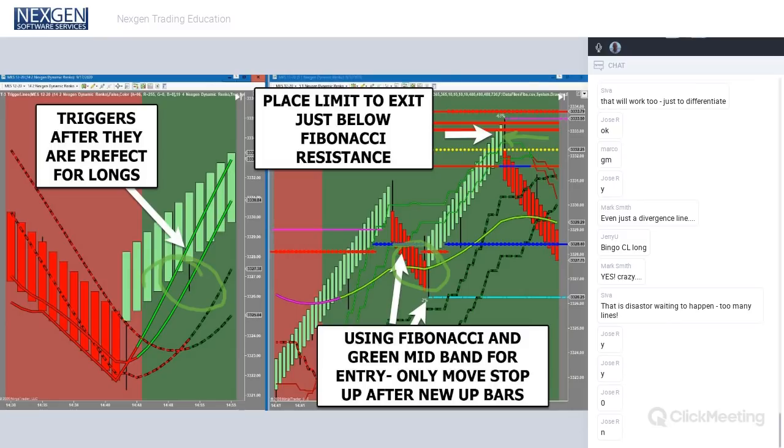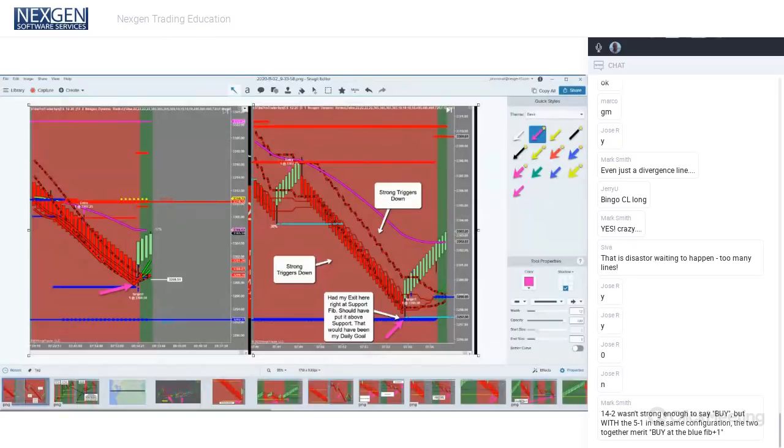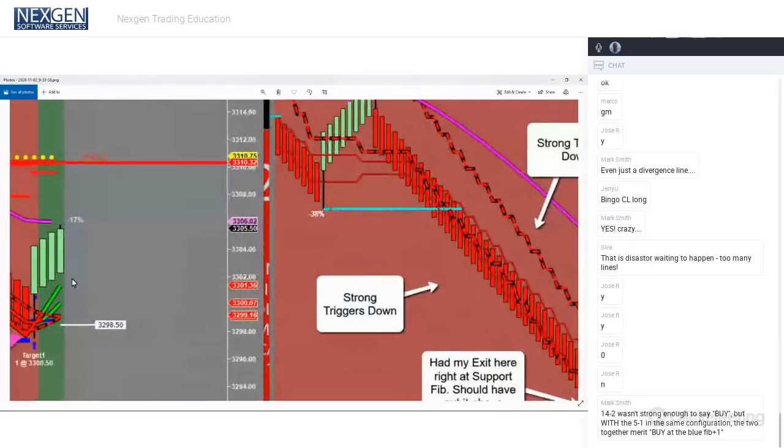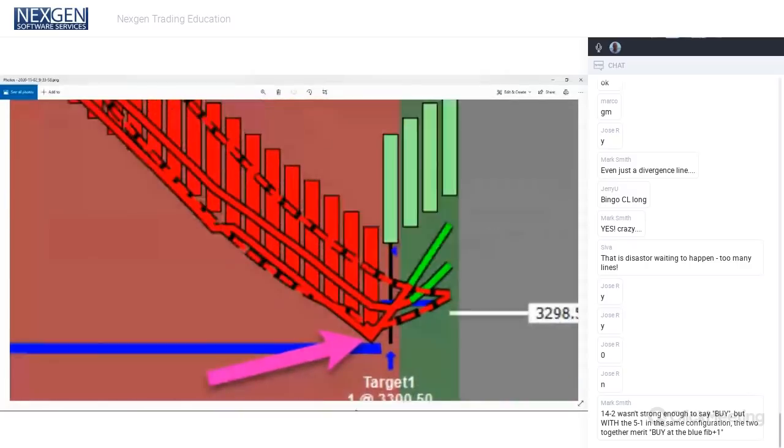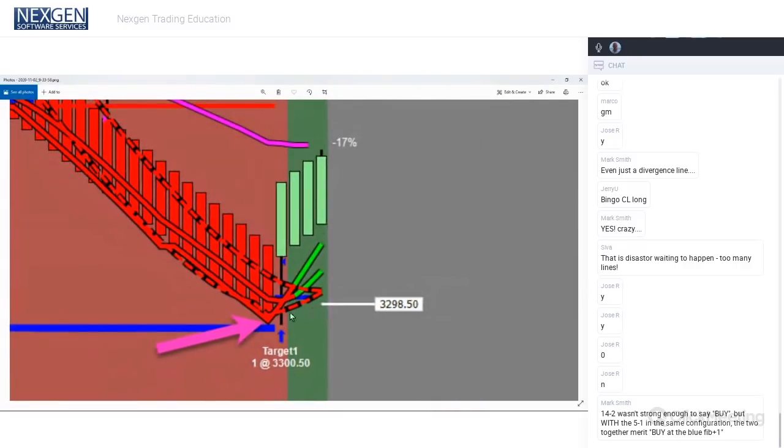That way, you don't even have to think about it. You just get your target filled, you're done, and no matter what happens, you then are free to analyze what's happening next. And when you analyze what's happening next, you ask yourself the question, should you go short again if the fibs hold and the triggers don't break? And the answer is not yet.